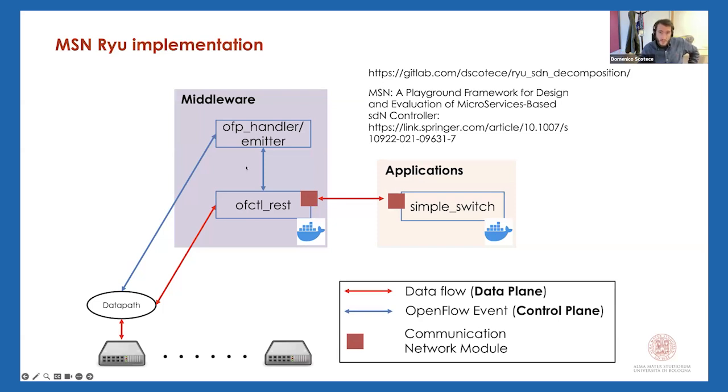Okay, this is the way we transform the standard Ryu into a microservice Ryu controller. This is our publication, and I will also show you the link to the project.